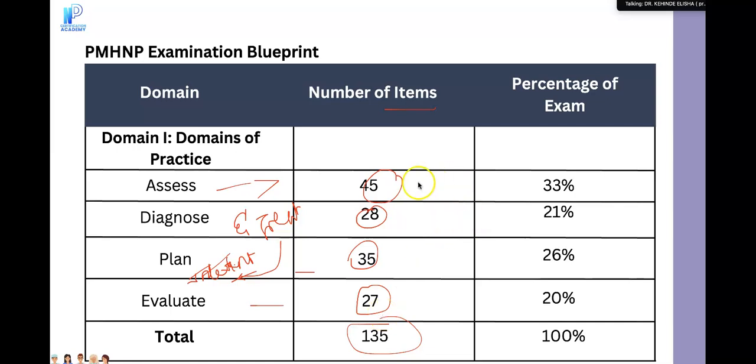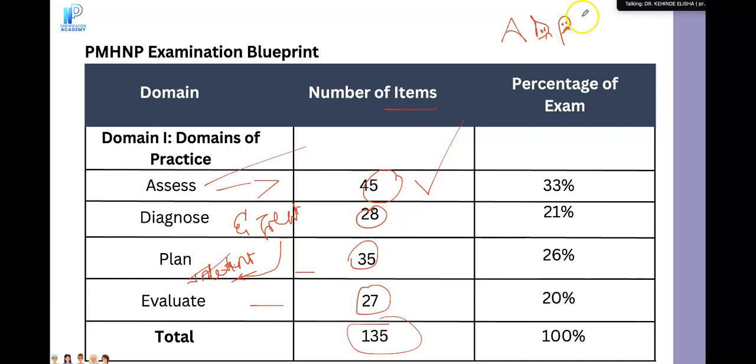This is the deal now. This assessment taps into almost every domain, so there is no reason to wonder why it's a lot on the exam. Listen, first of all, if we don't assess our patients well, it's a big problem because guess what? Our diagnosis will be off. If we don't diagnose our patients well, then we're going to be planning on nothing, or our plan is going to be off.